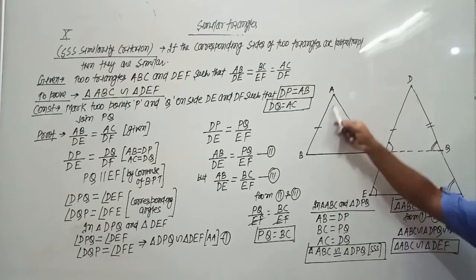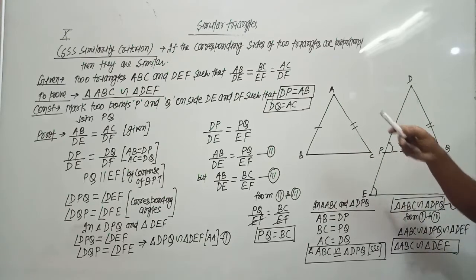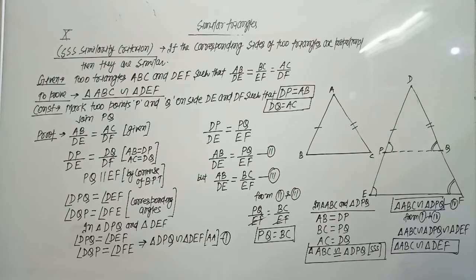Now AB upon DE equals AC upon DF, this is given. In place of AB we have written DP, so it becomes DP upon DE, and in place of AC, DQ upon DF.